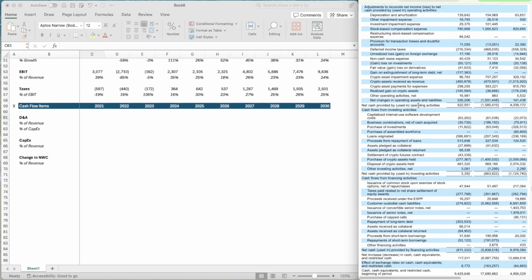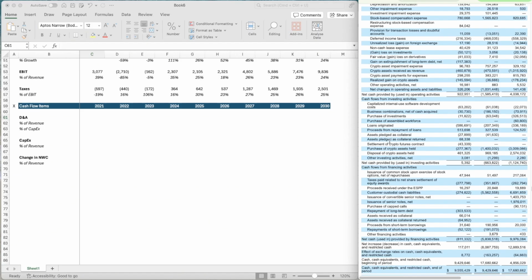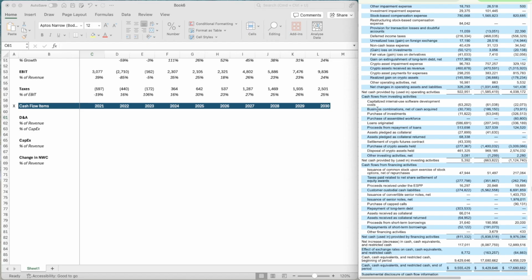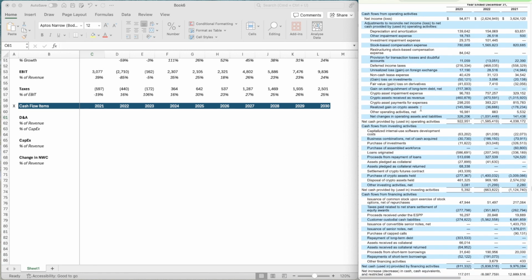Then we need one here, capitalized internal use software development costs, and probably this business combination too.